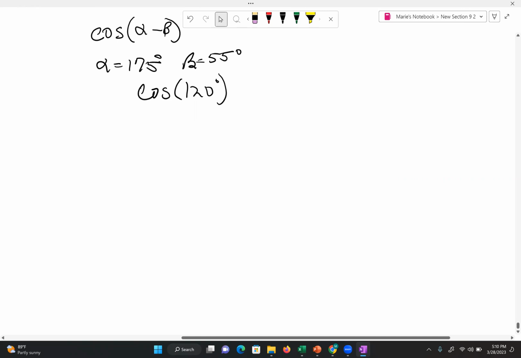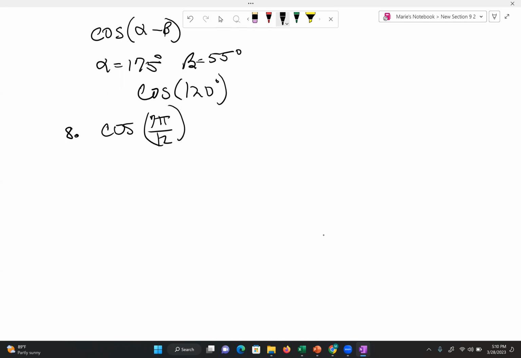Question number 8, the same as the above. The only difference is they're giving us cosine in radians. So cosine of 7 pi over 12 times cosine of 5 pi over 12.